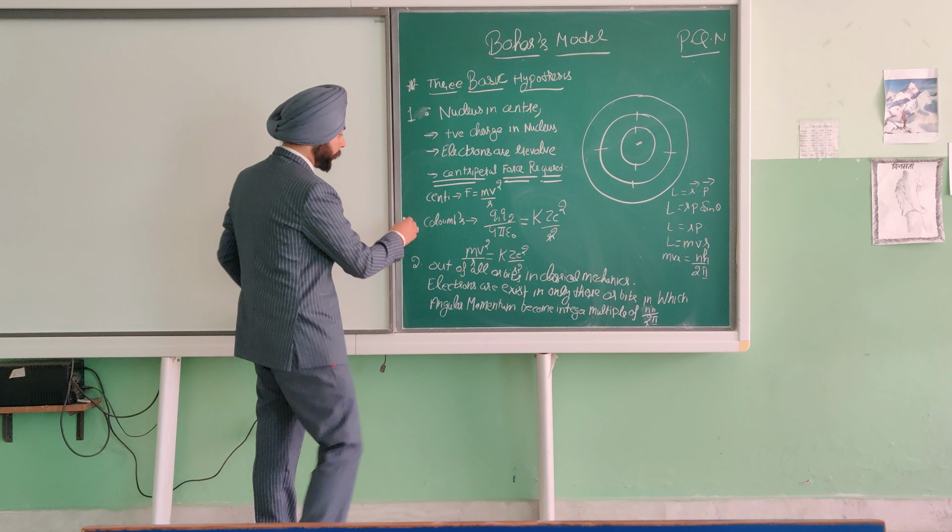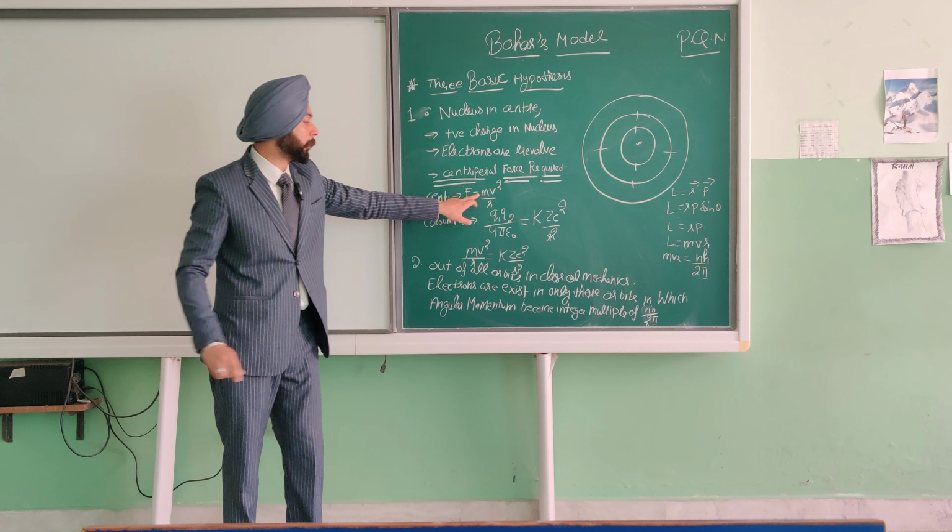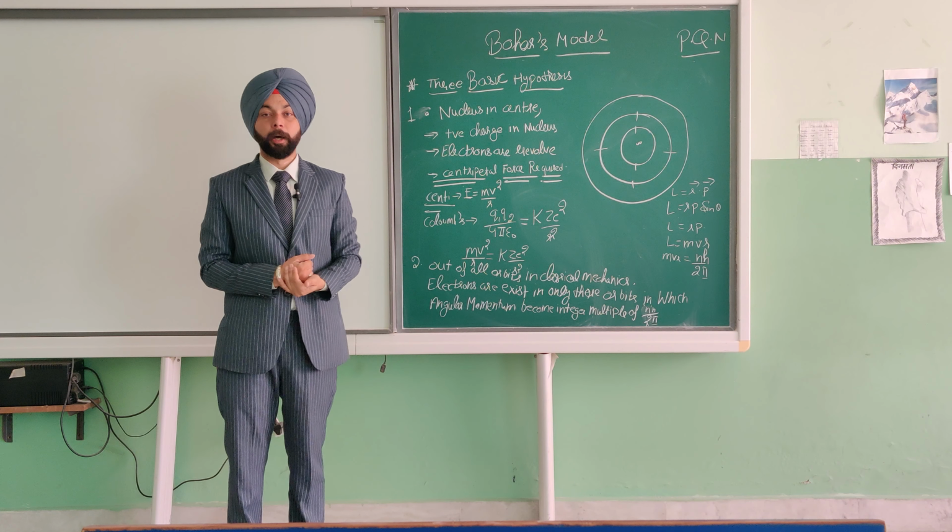Mathematically, the centripetal force formula is F equals mv squared upon r.